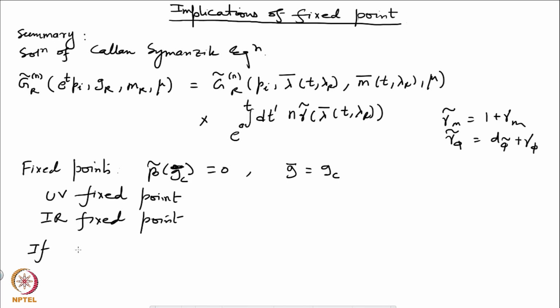Now if g_c is 0, meaning the running coupling vanishes at the fixed point, then we have asymptotic freedom, and the theory is called asymptotically free.